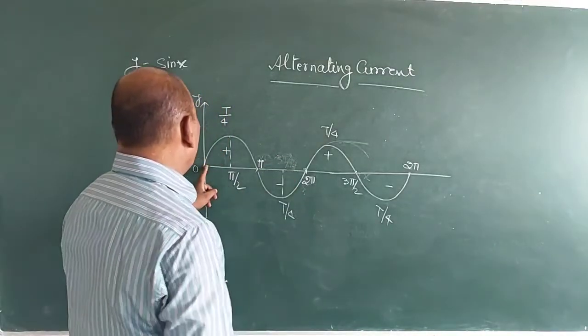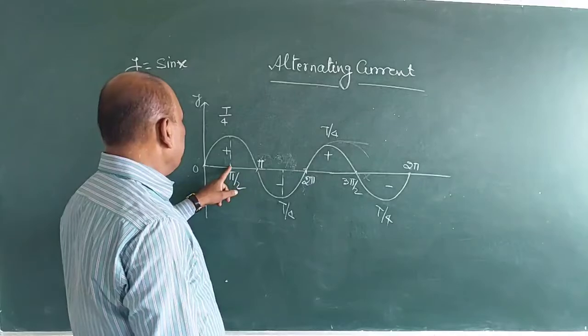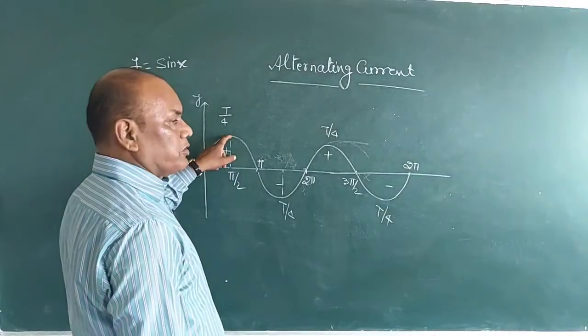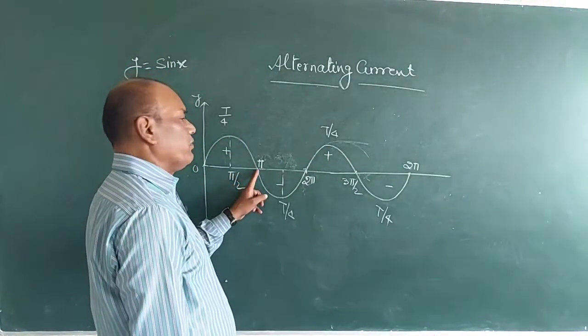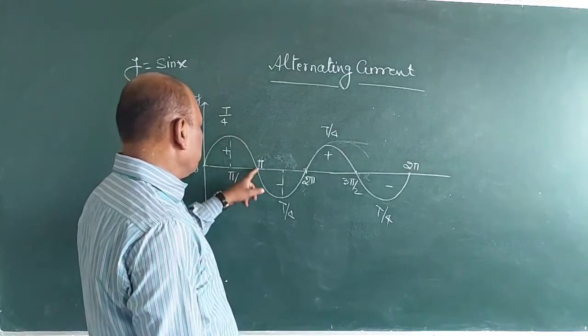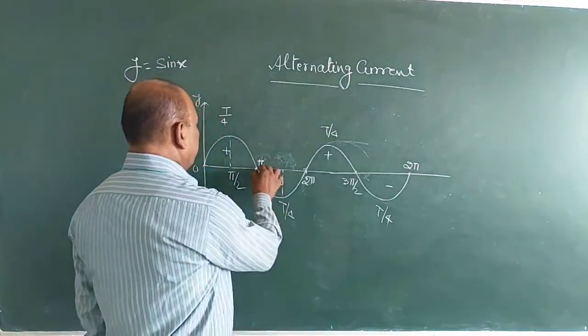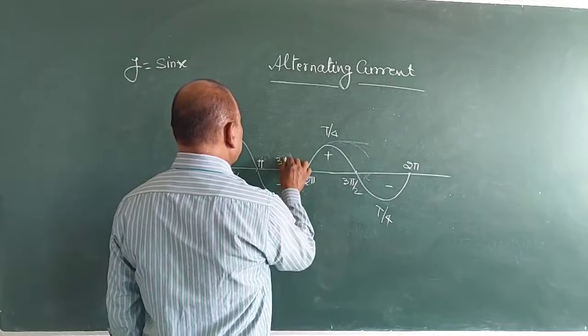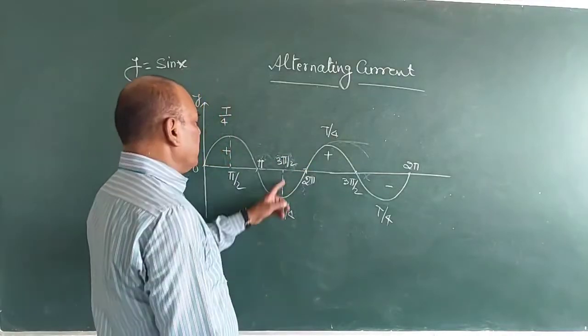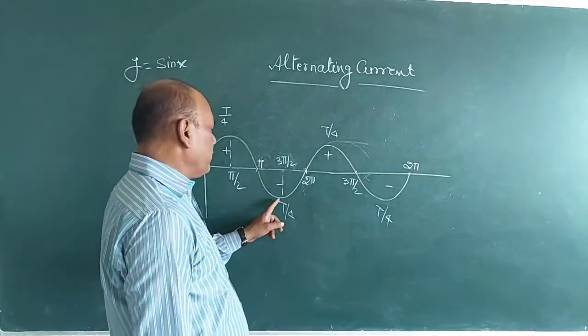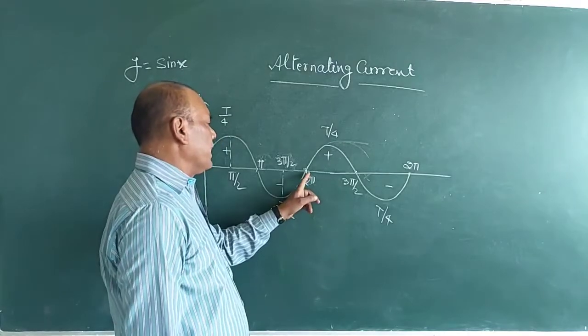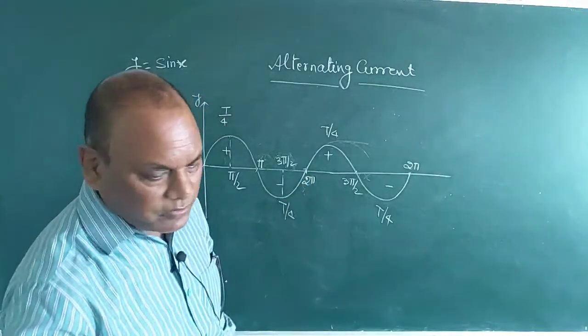One thing, from here to here it is pi by 2 because it becomes maximum. At this point when x is equal to pi, this becomes 0. At 3 pi by 2, it becomes minimum but in the negative direction, and at 2 pi it becomes 0.